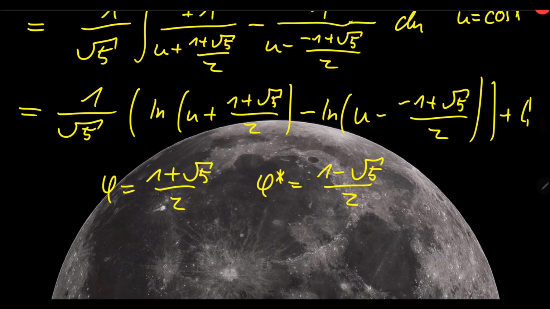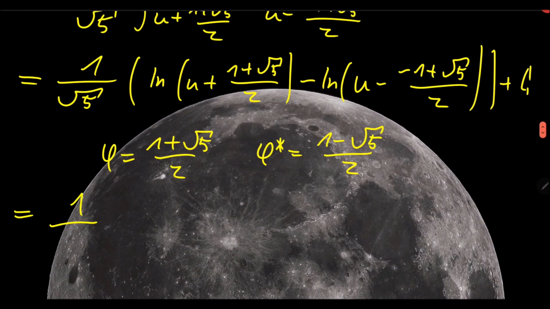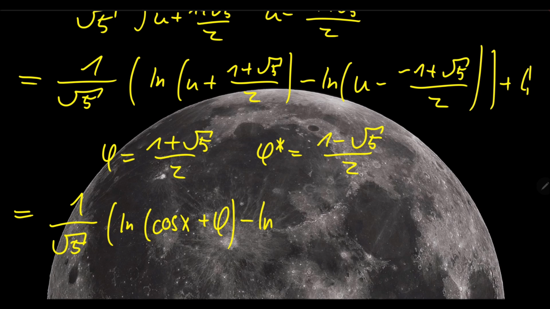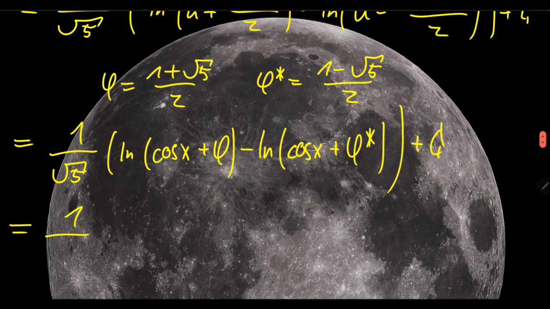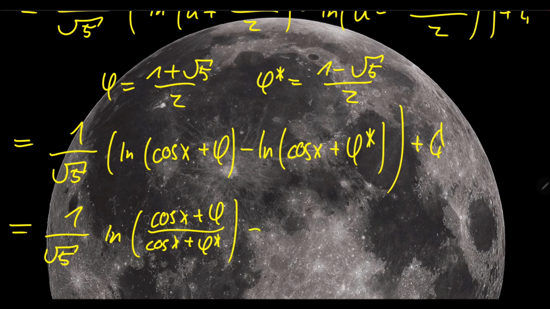So we can rewrite this as 1 over the square root of 5 times ln of cosine of x plus the golden ratio minus ln of cosine of x plus the conjugate of the golden ratio plus c. And now, using logarithm rules, we can simplify this to cosine of x plus the golden ratio all over cosine of x plus the conjugate of the golden ratio plus c. And we are done.